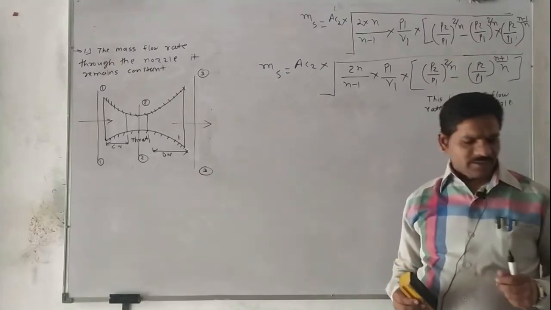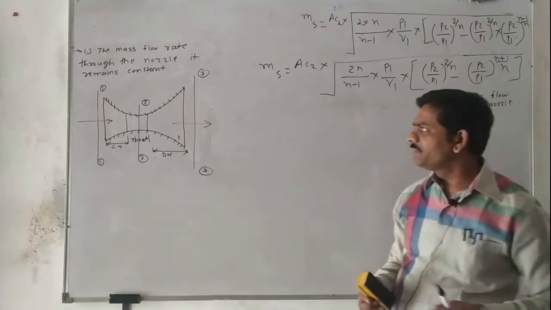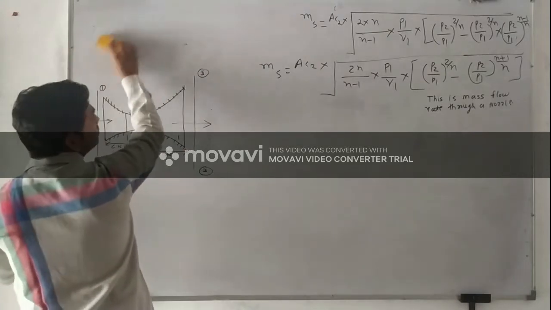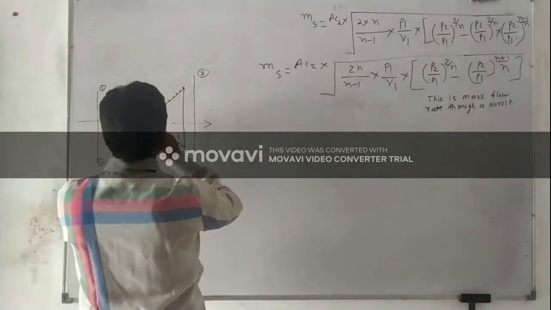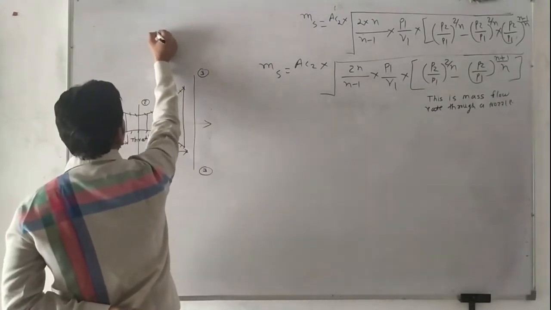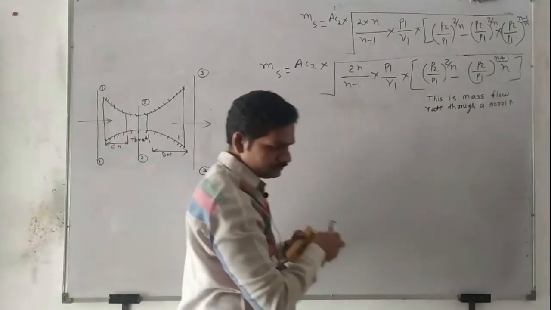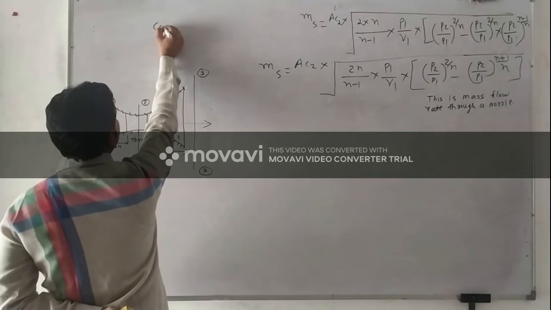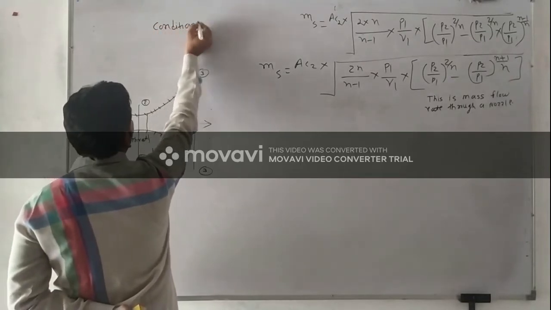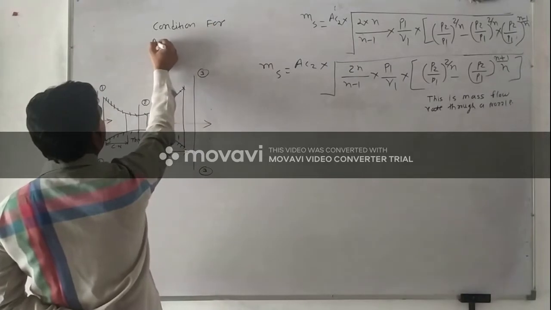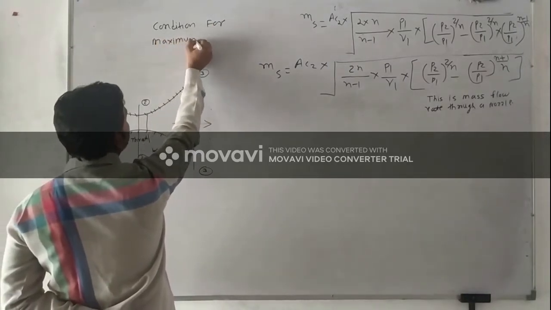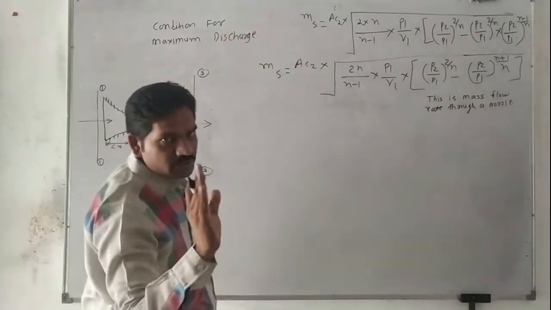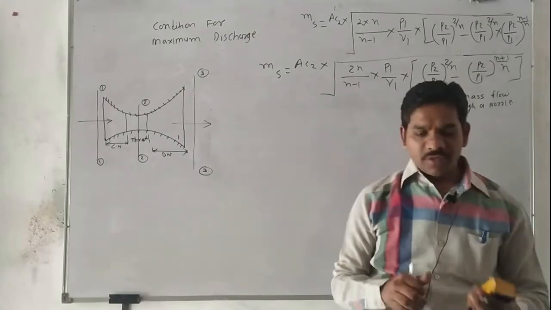Write down the title: condition for maximum discharge. Okay, this is a very important derivation from the university point of view.